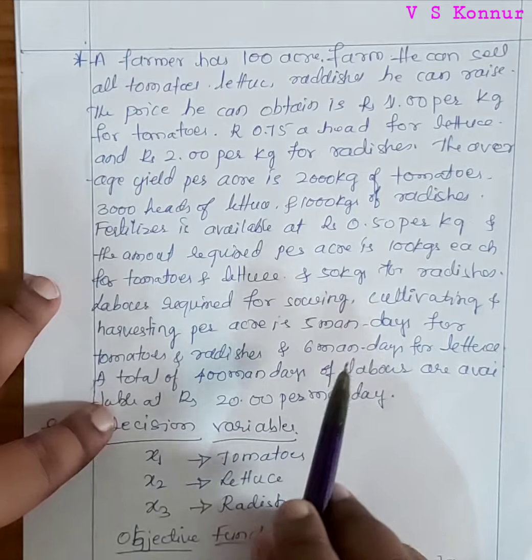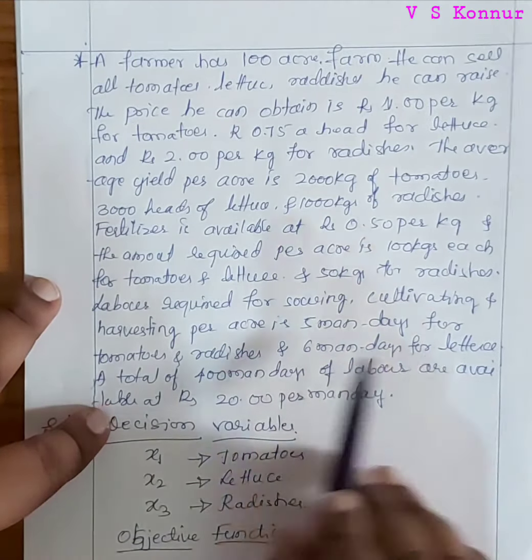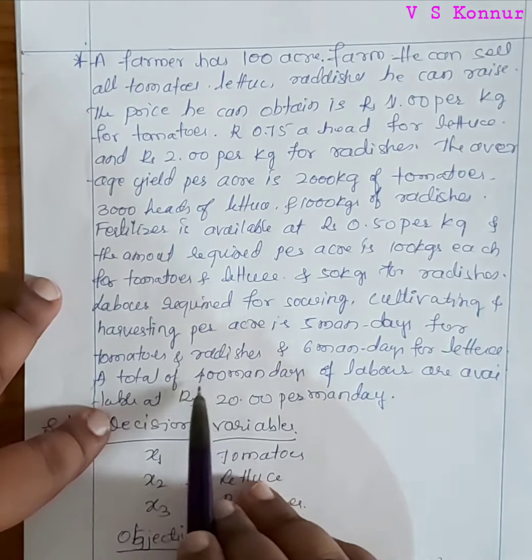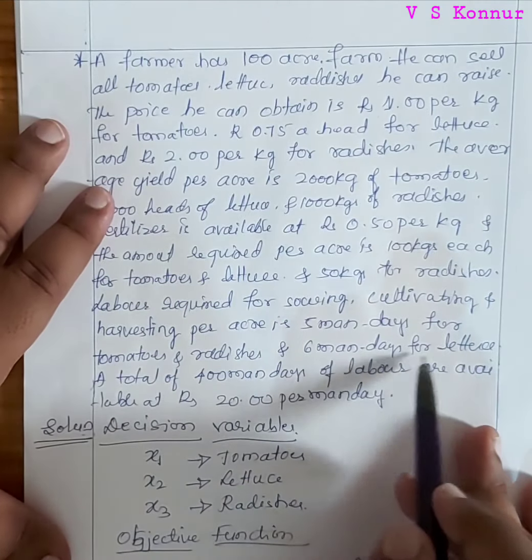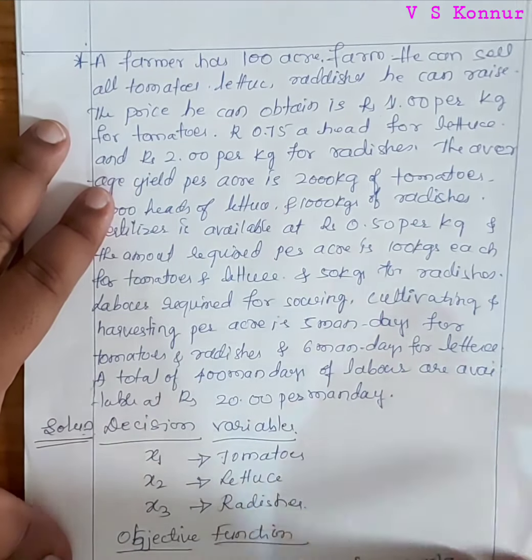And then man days: 5 man days for tomatoes and radishes, 6 man days for lettuce. The total man days available are 400. These are the two constraints.